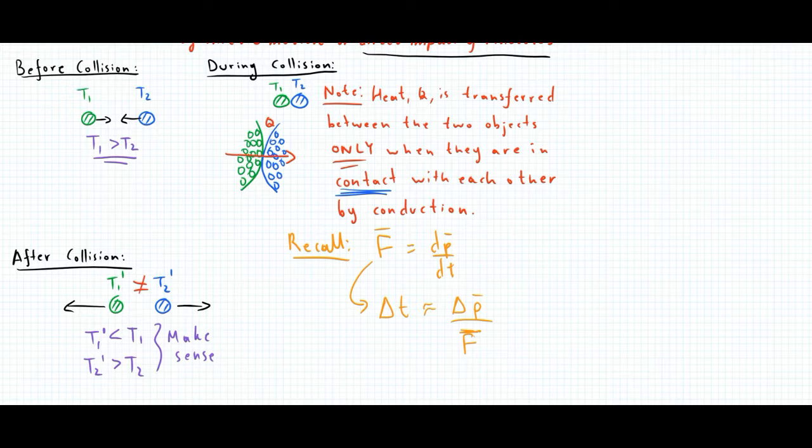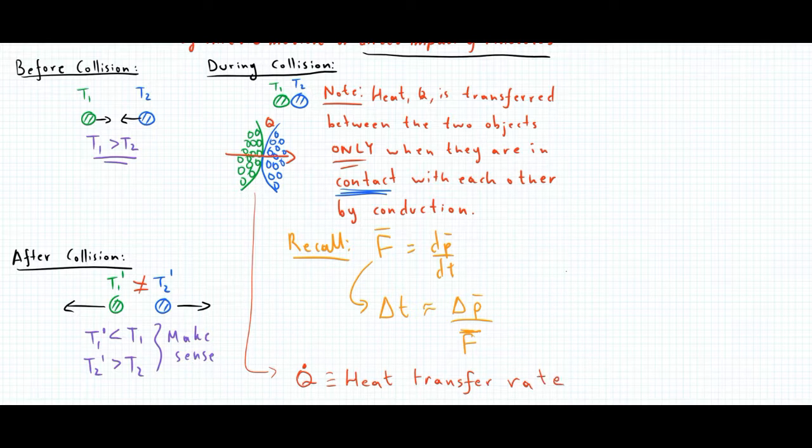So this time is the time that the two objects are in contact with each other. So what is the total heat transferred between the two objects? Well, instead of defining Q, we usually define Q dot, or something called a heat transfer rate.